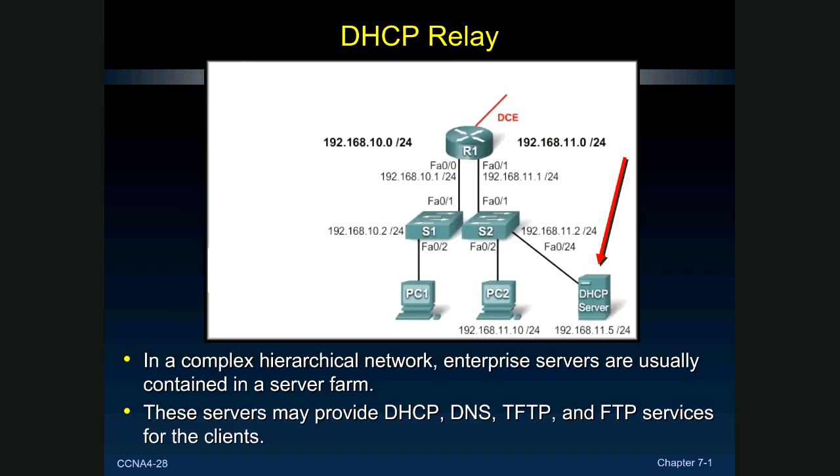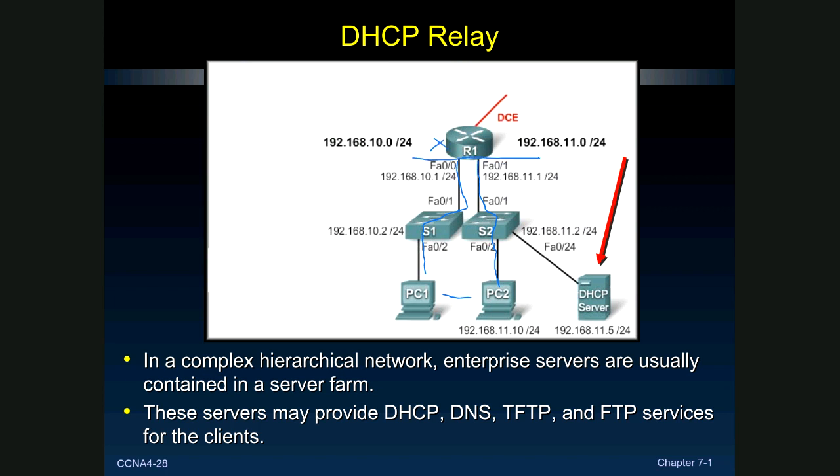Okay, now let's look at the example of, remember when PC1 and PC2 sent out their broadcast messages for the DHCP server? So the broadcast goes to the switch, it's flooded to the router, the broadcast from the second PC is flooded to the switch, it goes to the second router. Wait a minute, routers block broadcasts.